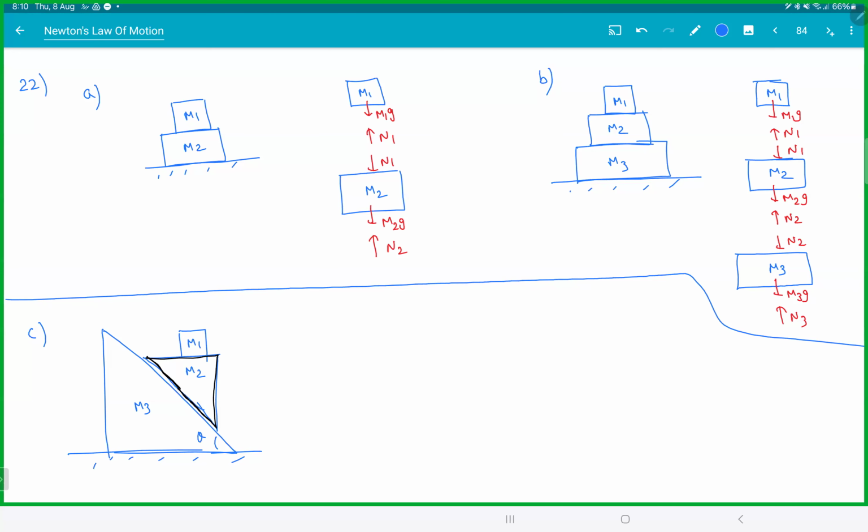Clear? Let's see. So we have this. Just check whether you got it right. If you got it wrong, see what went wrong, and if you got it right, then great.